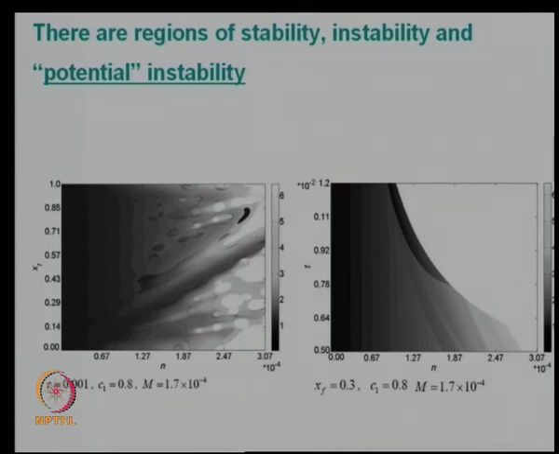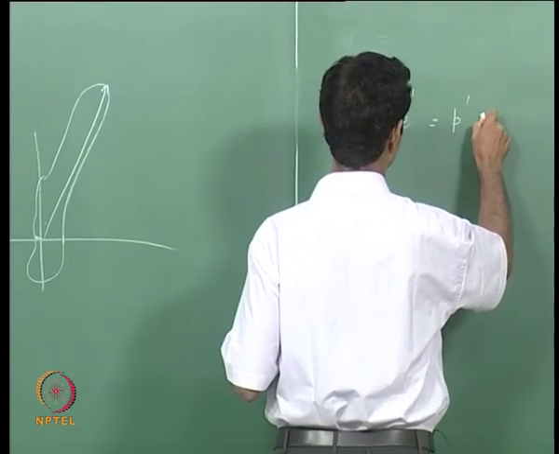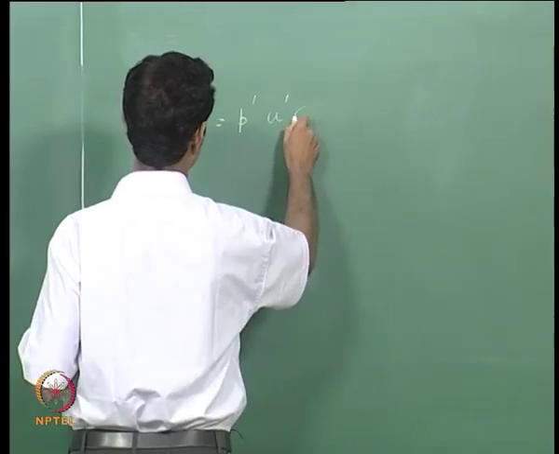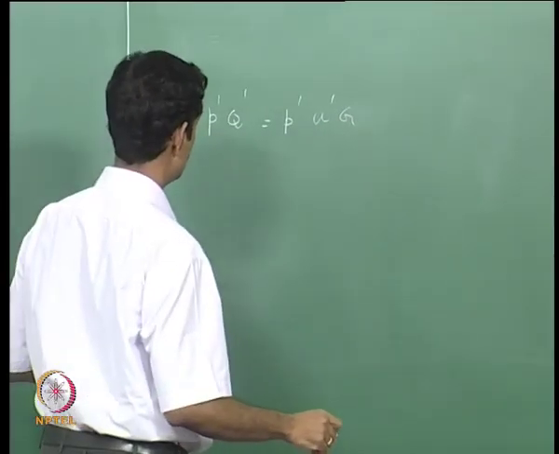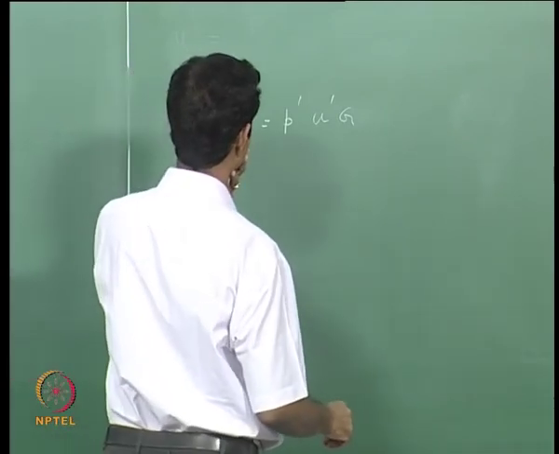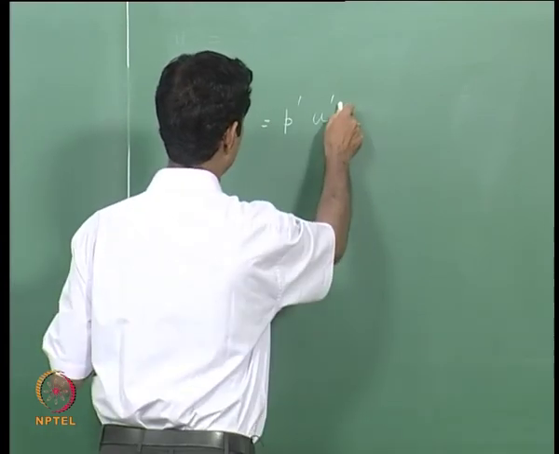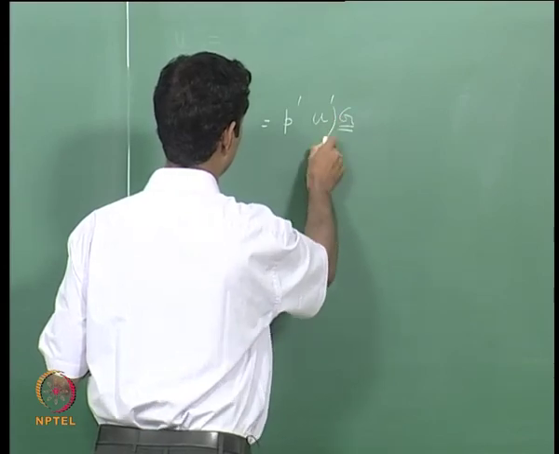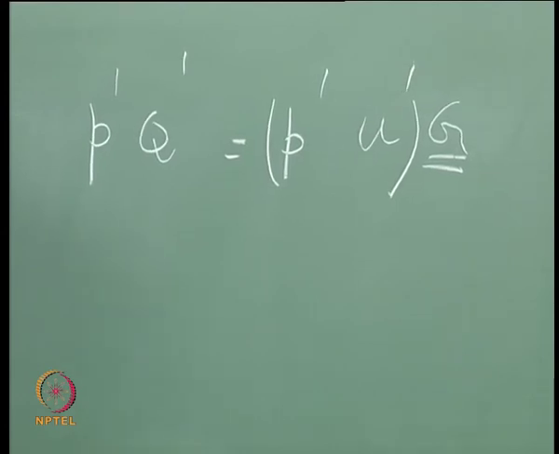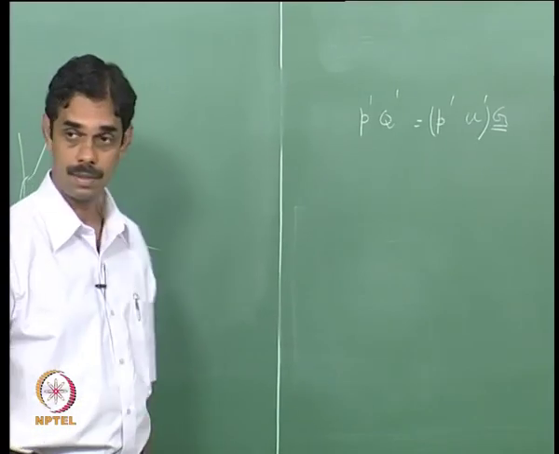So we want P prime Q prime. Q prime, let us say, goes like U prime times G. So it doesn't depend only on G, but it also depends on the phase between P prime and U prime, the amount of driving.